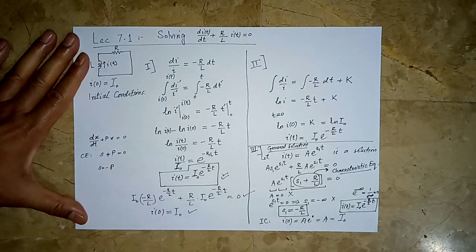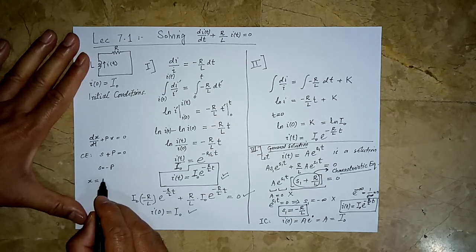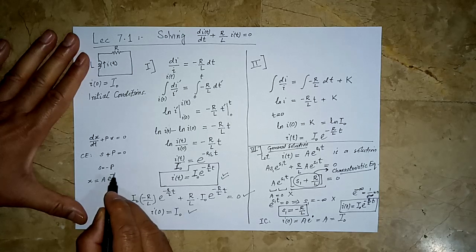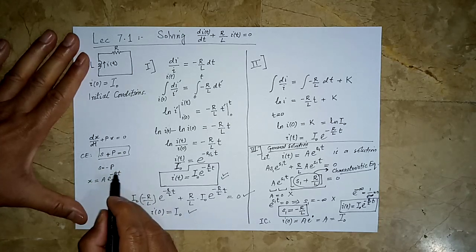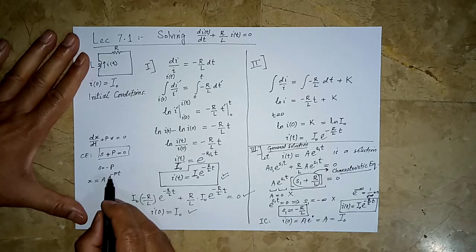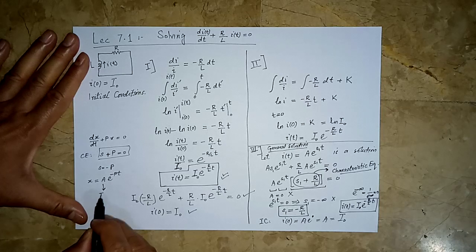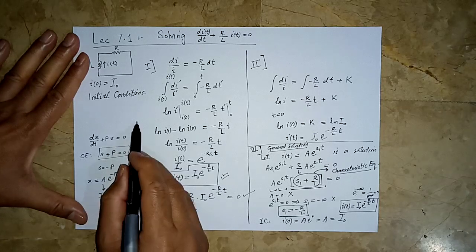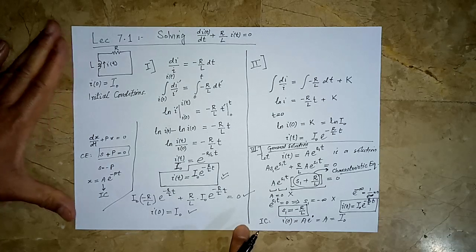So the direct route can employ the characteristic equation and say the solution to the differential equation is A e raised to the power minus p t. So the characteristic equation gives what is there with t in the exponent, and A can be found from initial conditions. So this is another way of solving this differential equation.